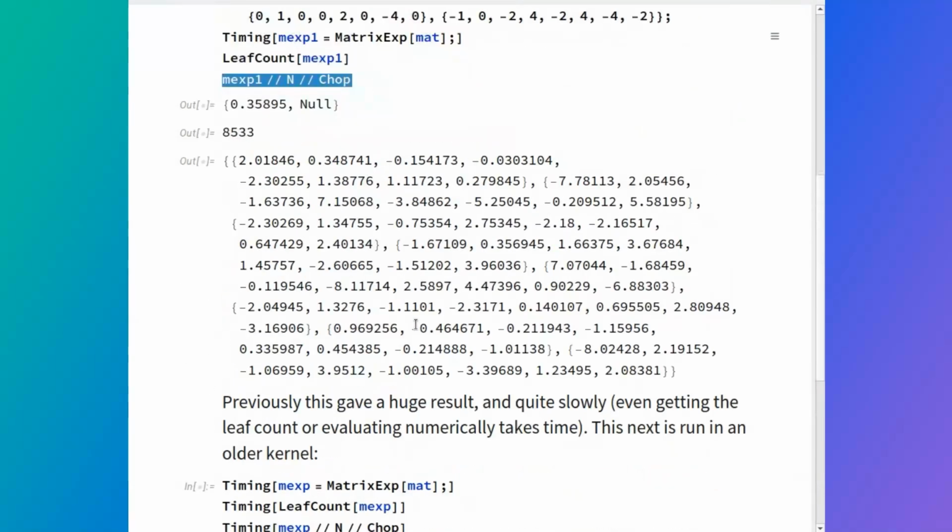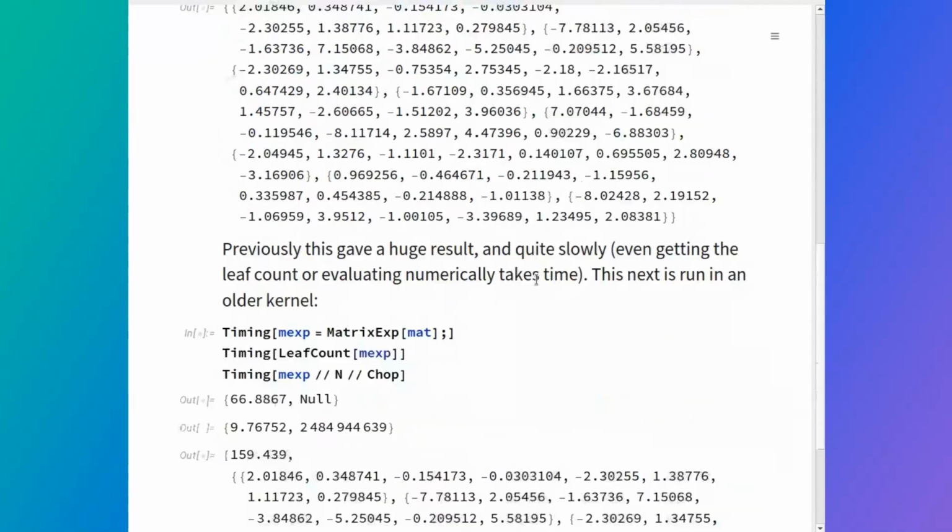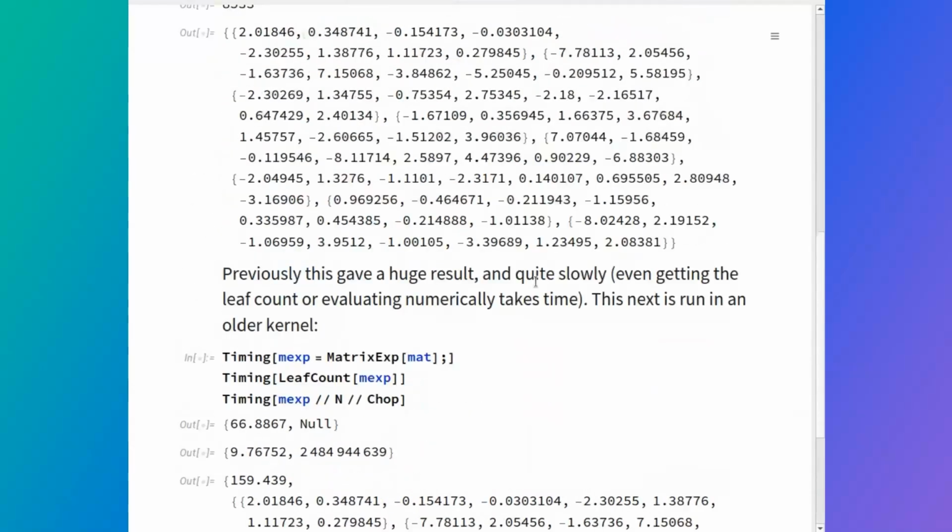That's a huge improvement. Much as I'd like to take the credit, this is actually new due to the literature. It's Arturas Akis and Adelphus Dargis. Arturas sometimes posts on Mathematica Stack Exchange, I believe, and he had submitted this also to the function repository. There is a reference to this work, but it's only on arXiv.